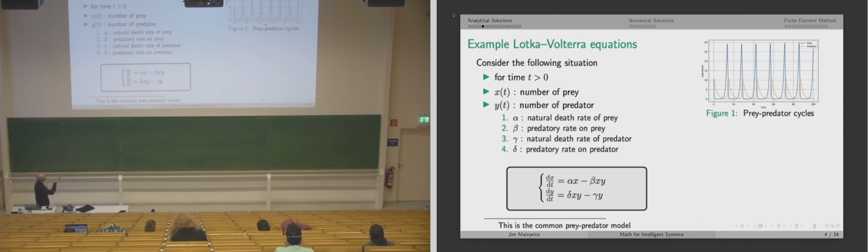Okay, so here we have the prey-predator cycle graph, which is basically only calculated based on this model here. So in blue we have the prey, and you can see that it basically goes down in the beginning when the predator population is still large.